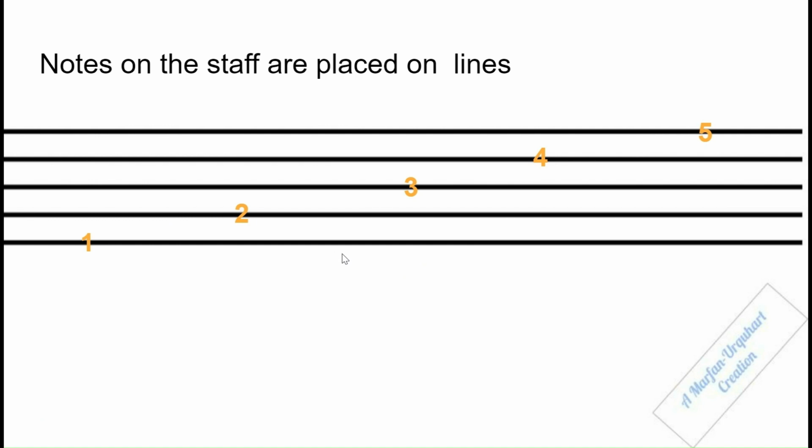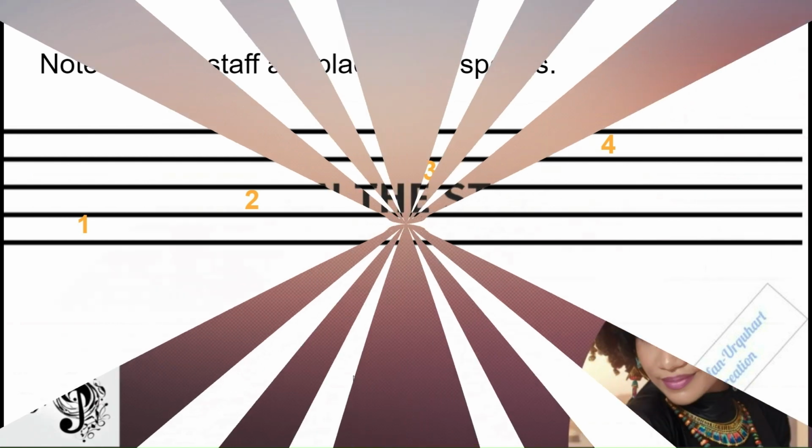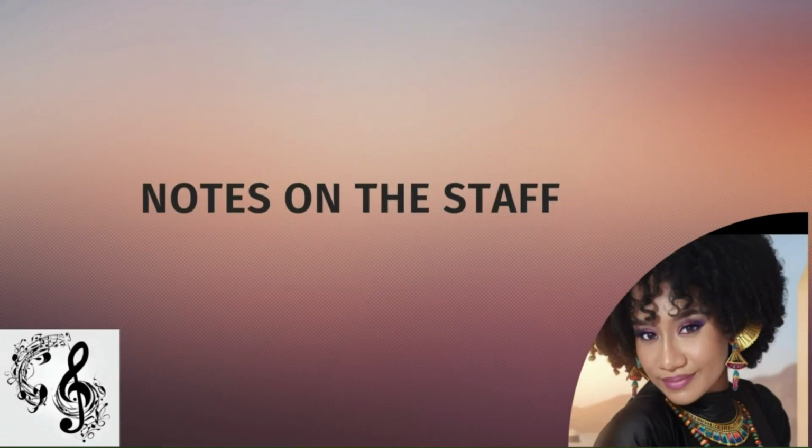So the higher the note is on the stave, the higher it sounds; the lower the note is on the stave, the lower it sounds. So a stave consists of 5 lines and 4 spaces. It's where you put your notes to depict pitch. Notes on the staff or stave.